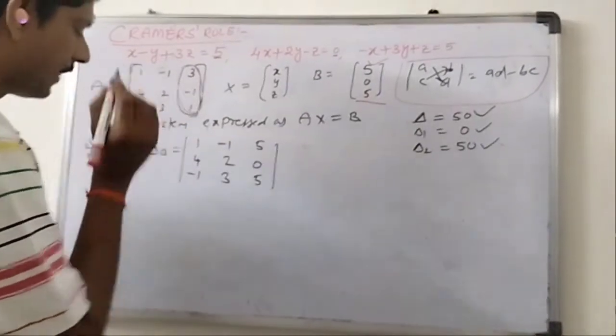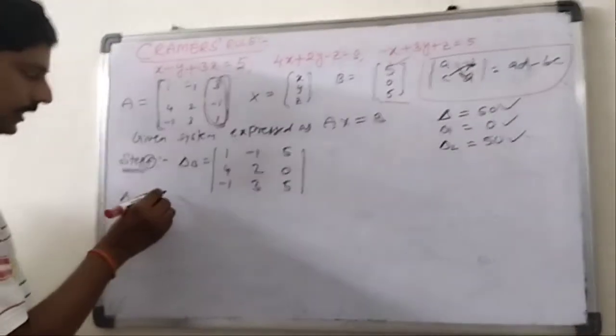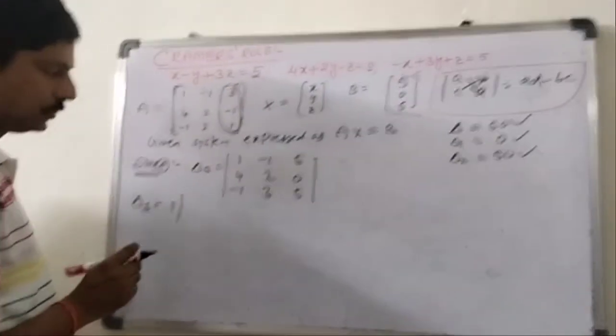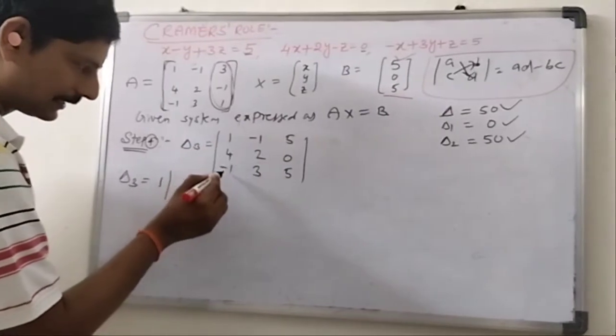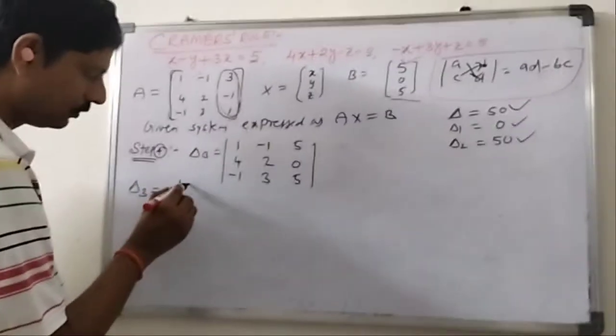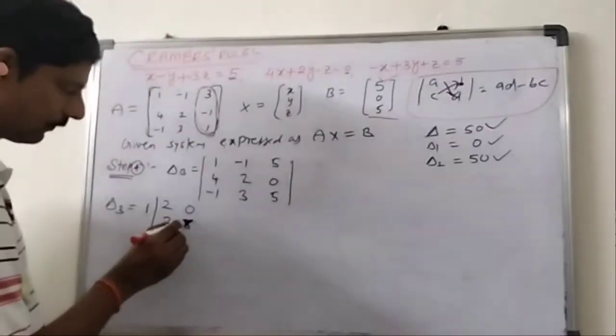Now I have to expand this determinant. So delta 3 is equal to 1 into the determinant obtained by removing this row and this column, which gives 2 0 3 5.